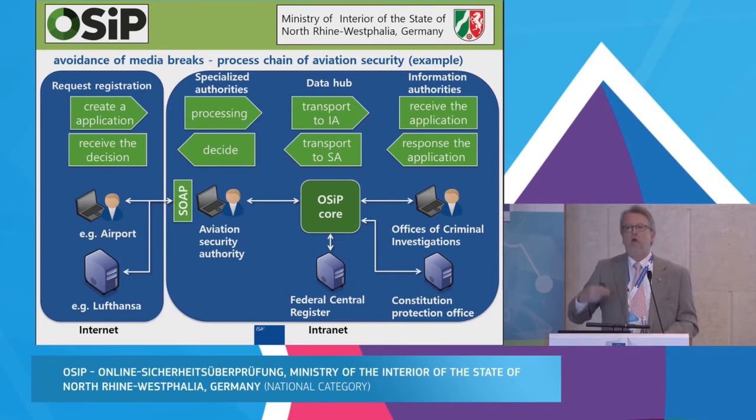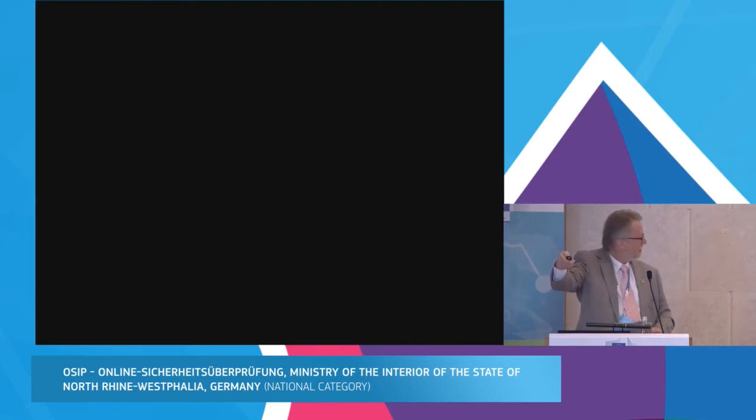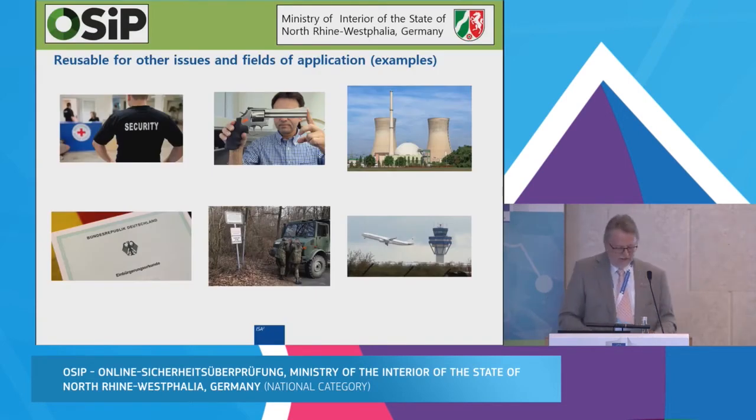The idea of reusing OSiP quickly came up because the security screening process in other fields of application follows exactly the same pattern. This means that naturalization, residence permits, accreditations for large-scale events, gun law, atomic reliability tests, and the inspection of soldiers can currently be processed via OSiP, and additional fields of application are still in planning.